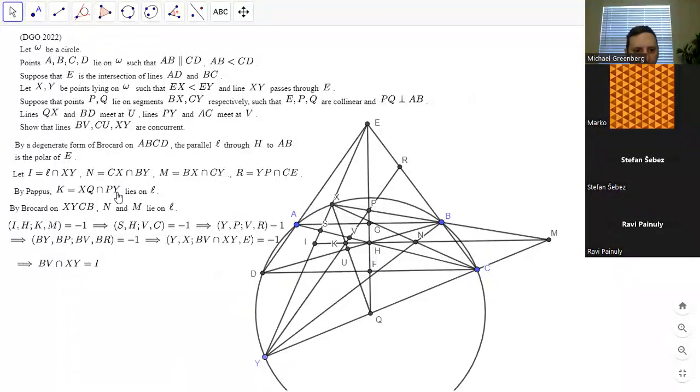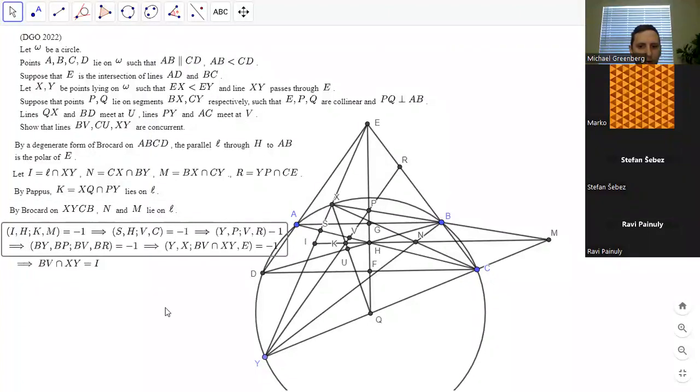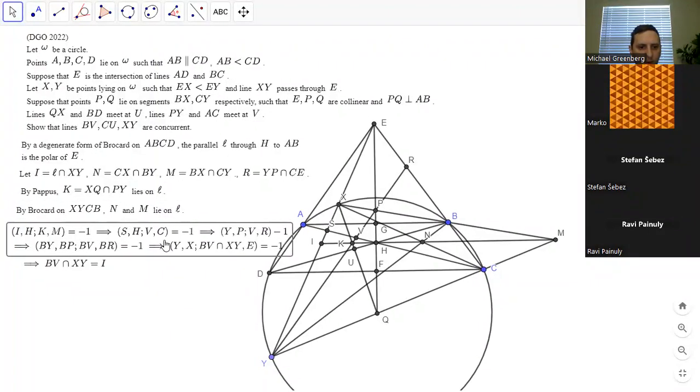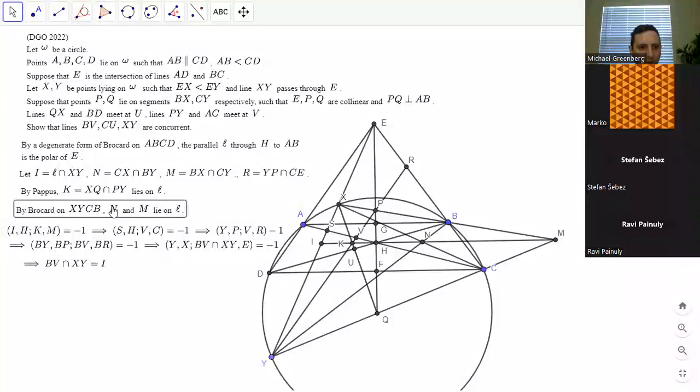Anything I left out here? So, well, I have to show that EXIY is harmonic, but since I lies on L, so since I lies on the polar of L, then YXIE is harmonic. I'll write that. So you just make some room for this.